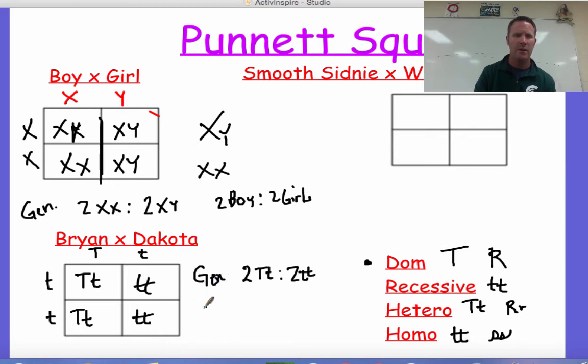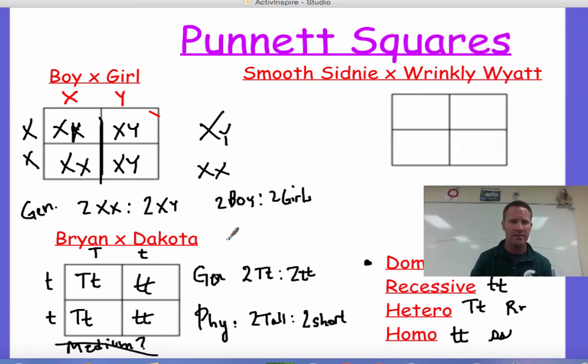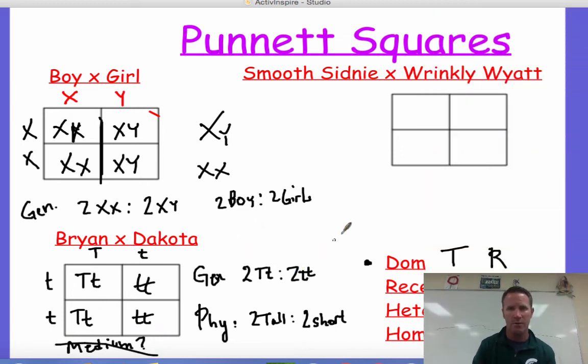Or my phenotypic ratio, what does it look like physically? And that is 2 tall to 2 short. Will any of these individuals be medium height? No, there is no such thing as medium when we're talking about these kinds of genetics, okay? So don't let me trick you.